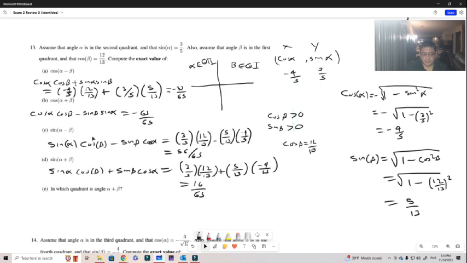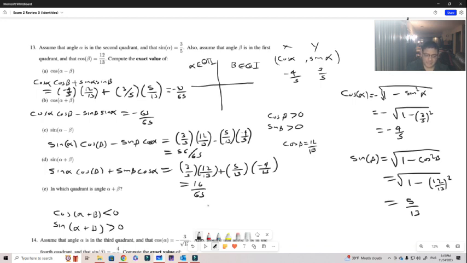Now, notice that this is asking me in which quadrant we have the alpha plus beta angle. And that we can get from finding out what the cosine of alpha plus beta is and what the sine of alpha plus beta is. So notice that cosine of alpha plus beta is negative, and sine of alpha plus beta is positive.